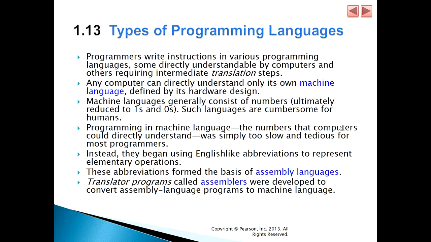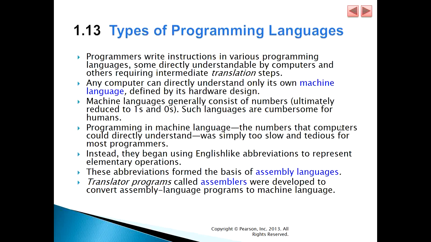Programming languages also, people can understand this from previous courses, where we have three types of programming languages: machine language, assembly language, and high-level language. Machine language, you know, is the language of computers, which is the language of digits.